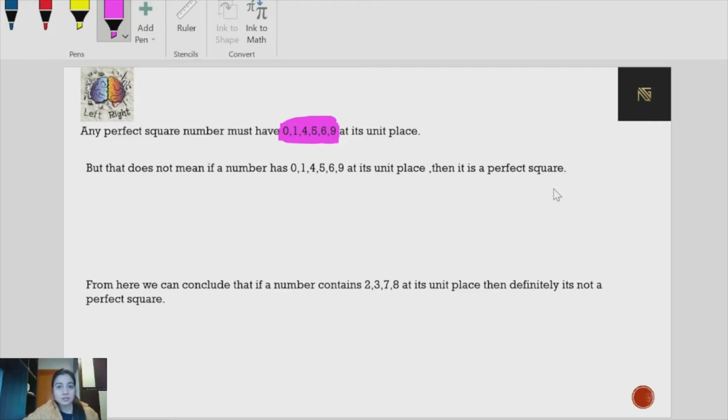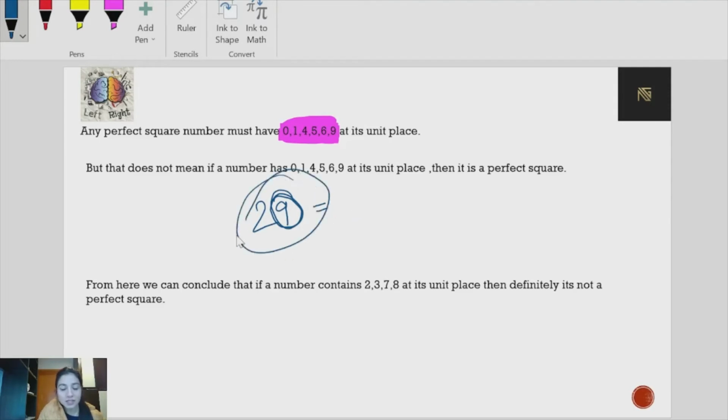Suppose we are having 29, just this unit digit is not giving us the idea that 29 is a perfect square number, because we can't express it as a product of two same numbers.